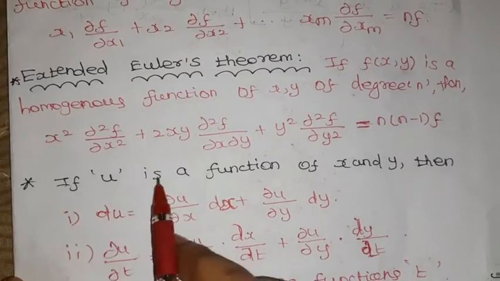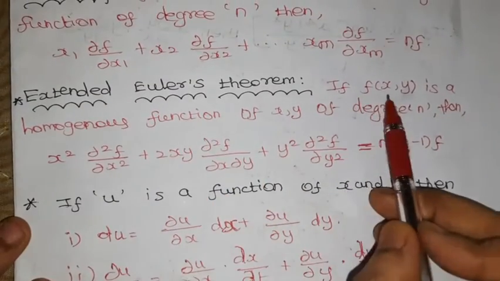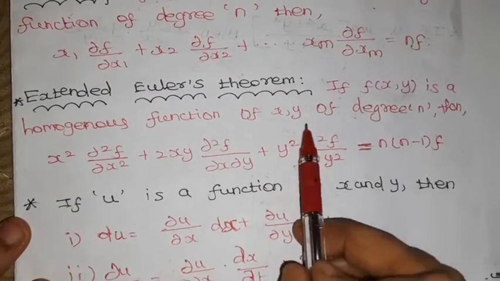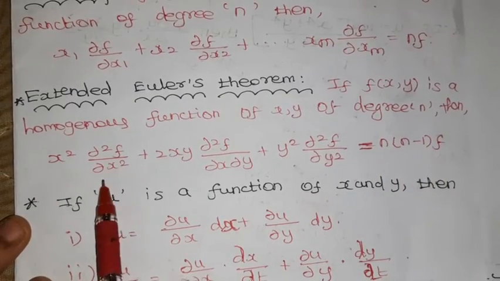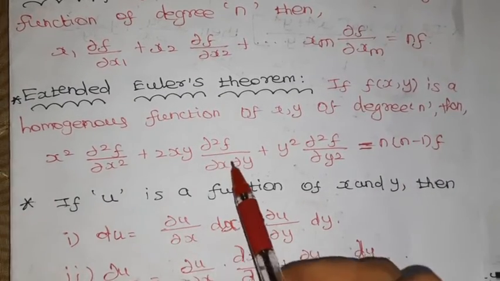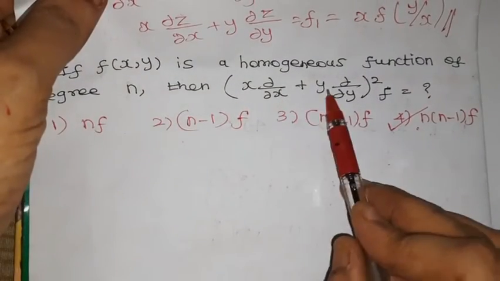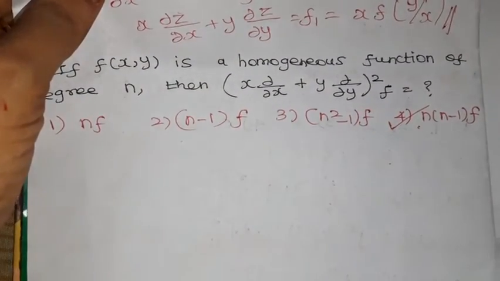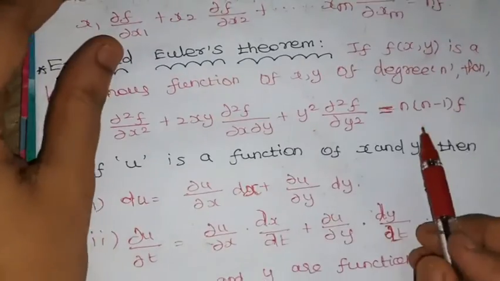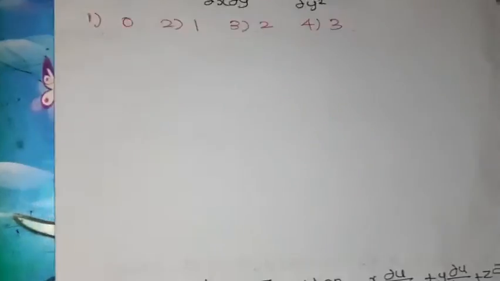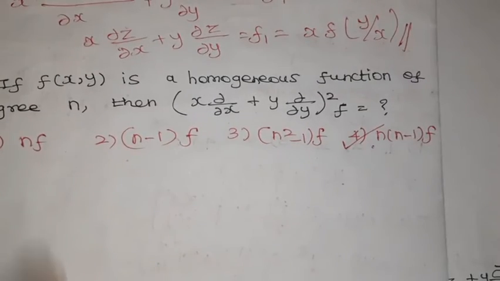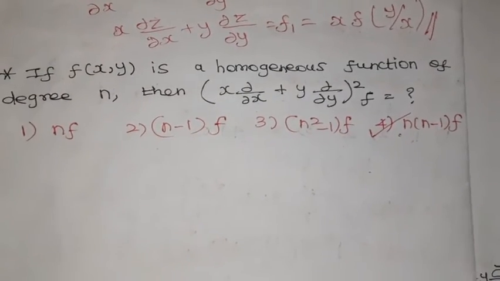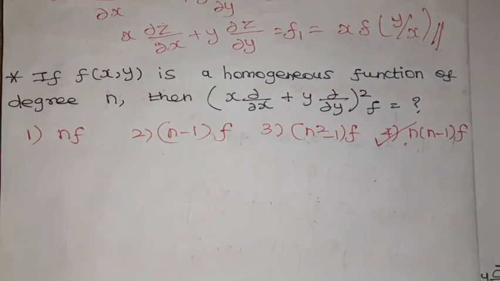Previously we have seen the extended Euler's theorem: if f of x comma y is a homogeneous function of degree n, then x squared ∂²f/∂x² + 2xy ∂²f/∂x∂y + y squared ∂²f/∂y², which is given as (x ∂/∂x + y ∂/∂y) the whole squared format, the result is n into n minus 1 into f. So the answer for this problem is nothing but n into n minus 1 f. This is the extended Euler's theorem. This is a direct question. Then we'll move on to the next problem.